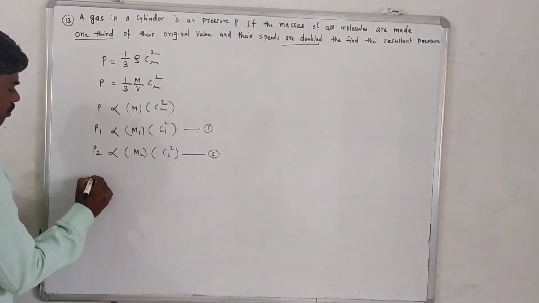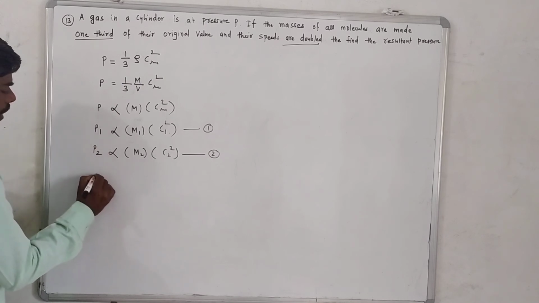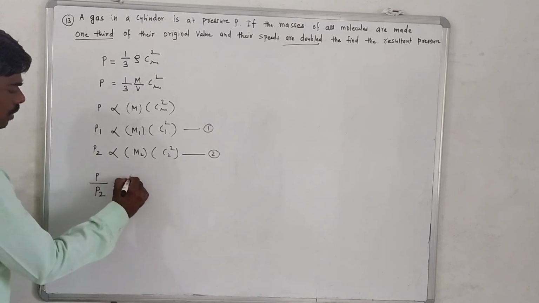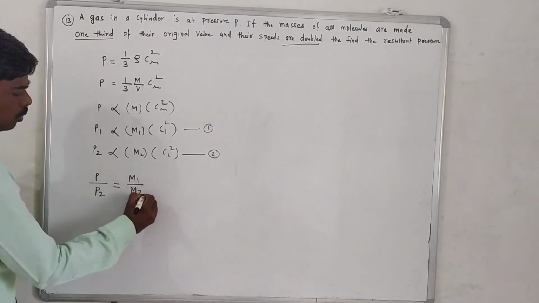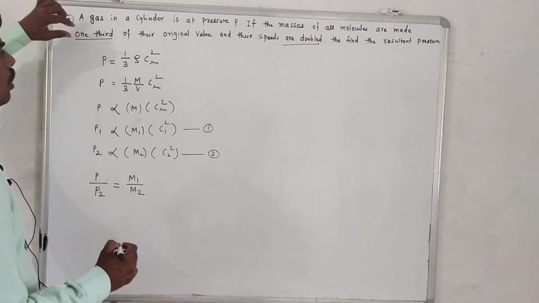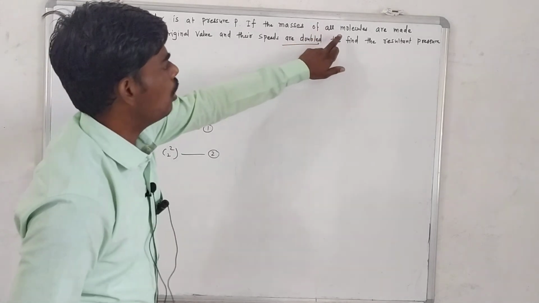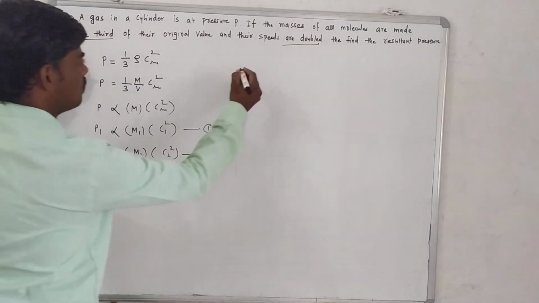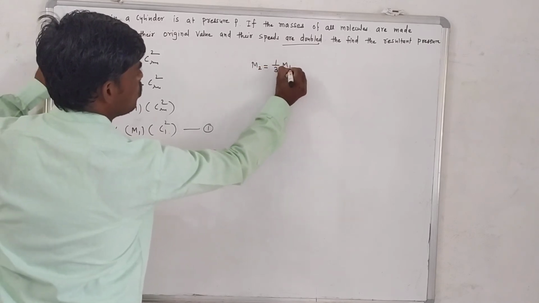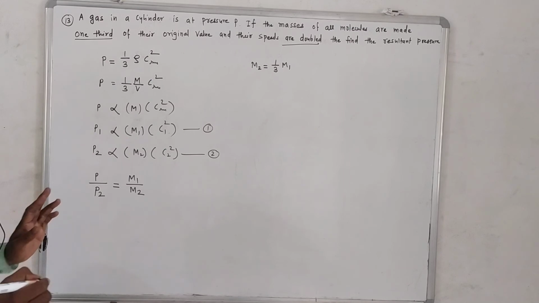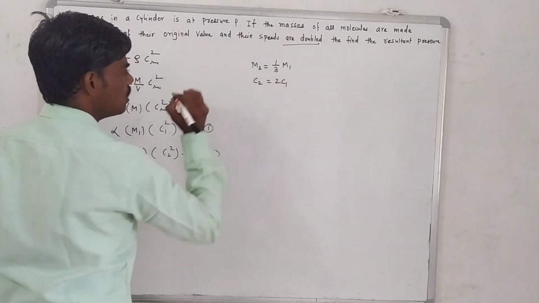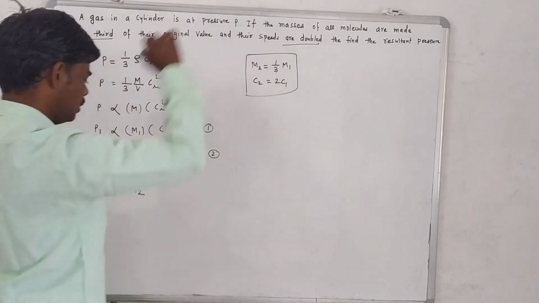Divide equation 1 by 2. The first pressure is P, the second pressure we have to find out, equals m1 upon m2 into c1 square upon c2 square. The masses of all molecules are made 1/3, so the second time the mass becomes 1/3 of the initial value, and their speeds are doubled, so C2 is equal to 2 times C1. These are the two relations given in the problem.